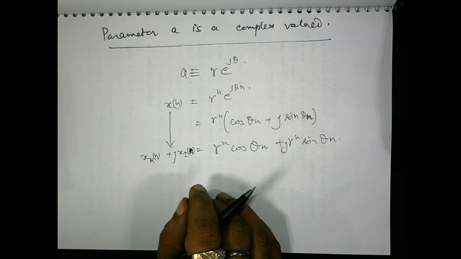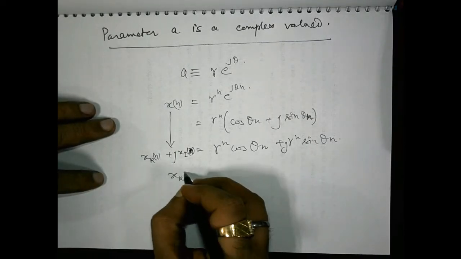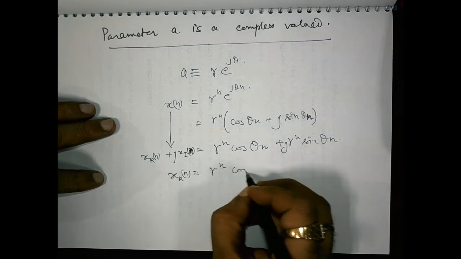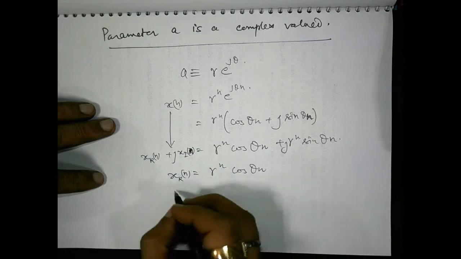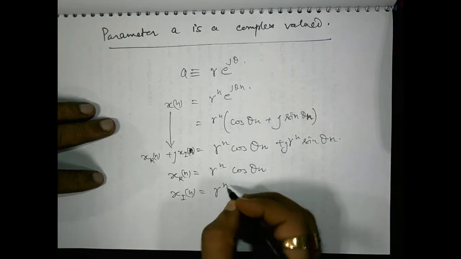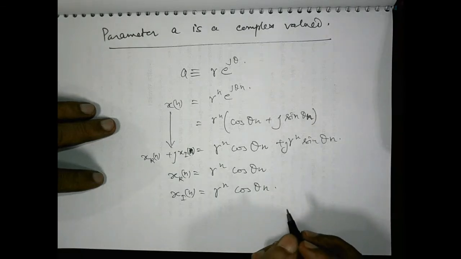So naturally the real part of x[n] is equivalent to R to the power n cos theta n, and the imaginary part of x[n] is equal to R to the power n sin theta n. So we can draw this signal also.